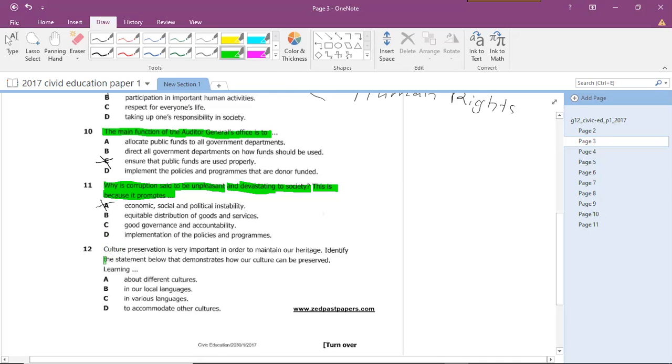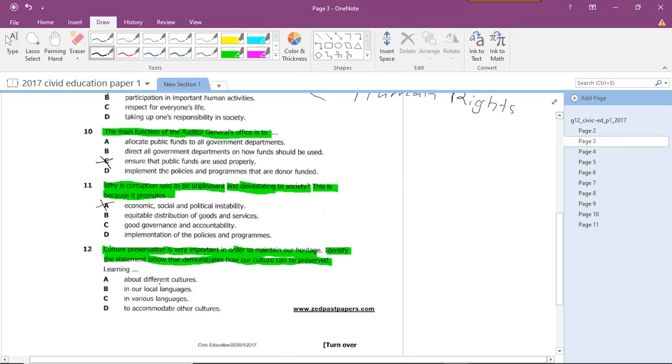So question 12, we're now talking about preservation of culture. Culture preservation is very important in order to maintain our heritage. Identify the statement below that demonstrates how our culture can be preserved. So how can you preserve your culture?